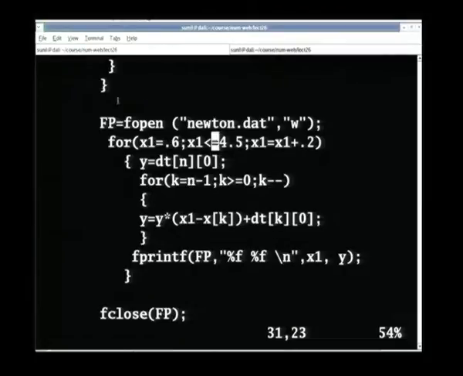Now if I take an x value and I want to evaluate this polynomial, I am not writing this in a nested form, I am writing term by term. Sorry, this is not term by term, this is the nested form. So, I start from the last term, that is the highest order divided difference, that is dt of k comma 0.